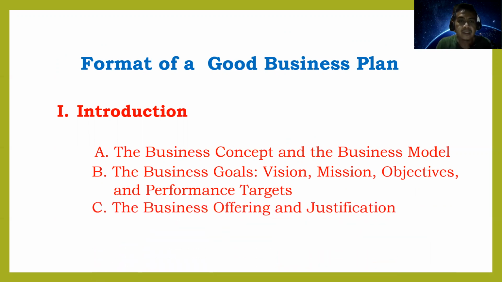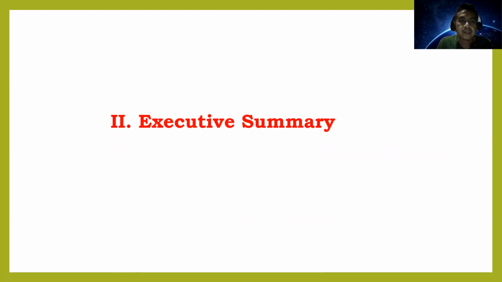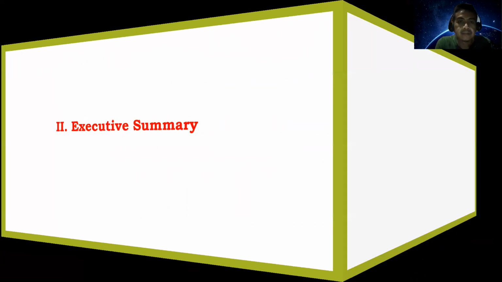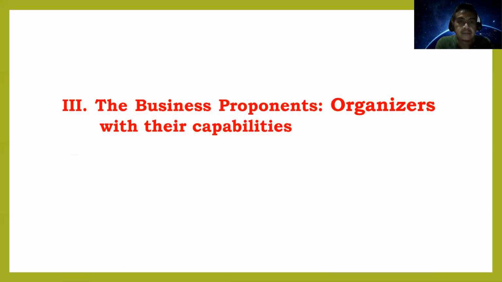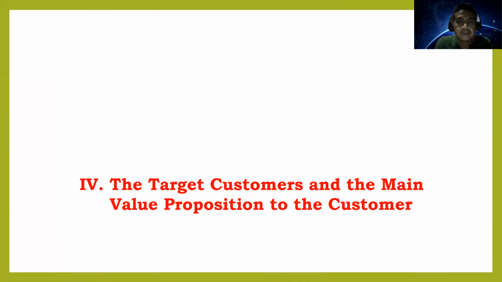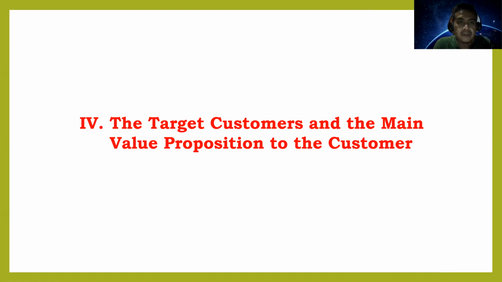We also have the business offering and justification. The second part is the executive summary. The third part is the business proponent, the organizers with their capabilities. The fourth part is the target customers and the main value proposition to the customer.